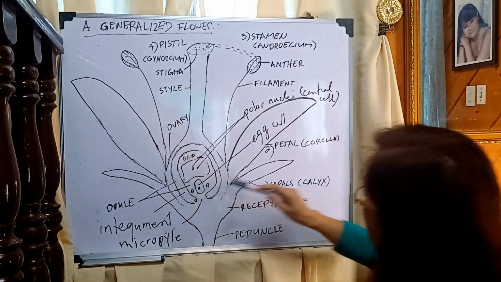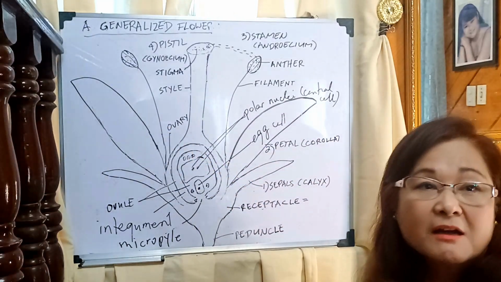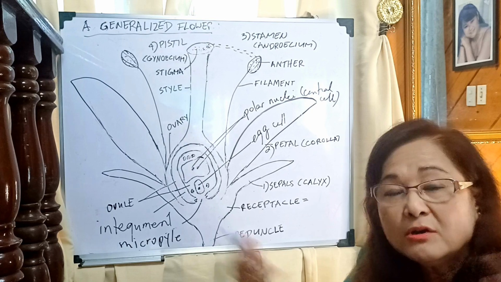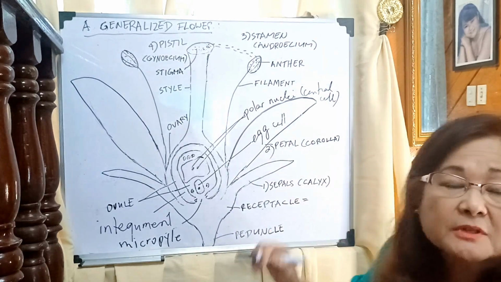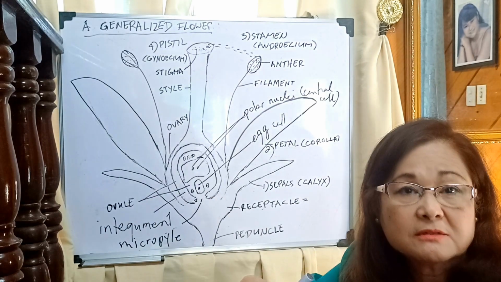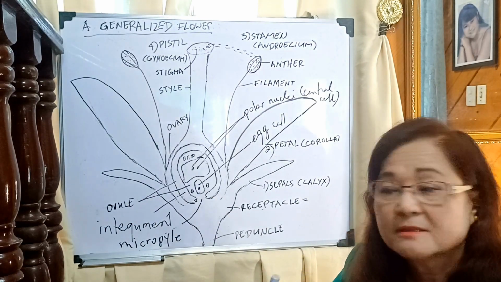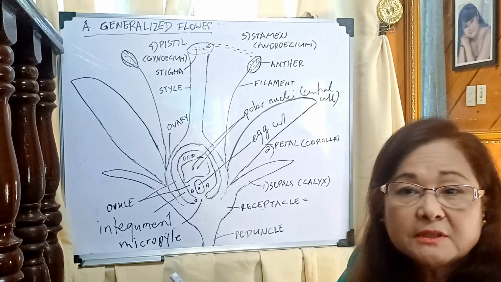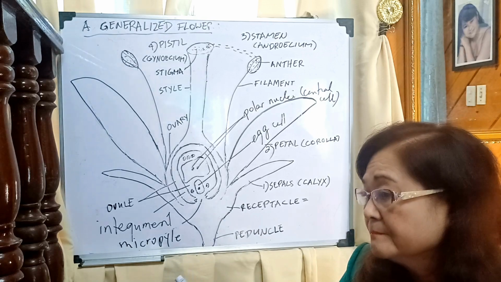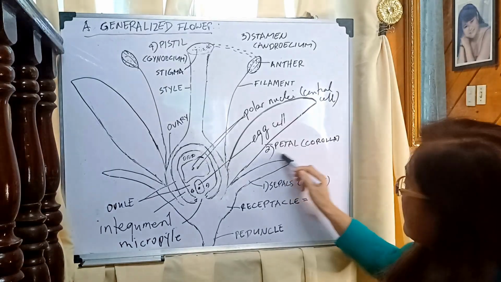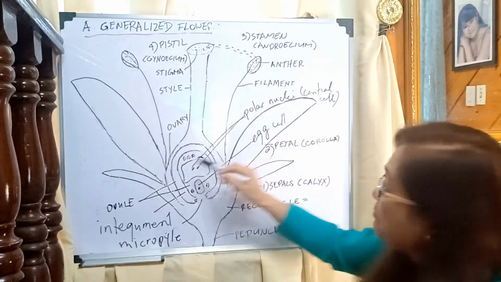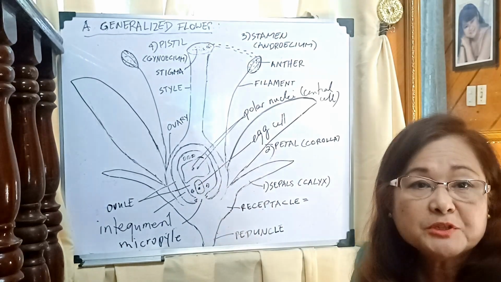The petals in general are enlarged, colorful, and very conspicuous because their main function is to attract pollinators. Like for example, the butterflies, certain birds, certain other pollinators. So to attract them, they should be brightly colored or very conspicuous.